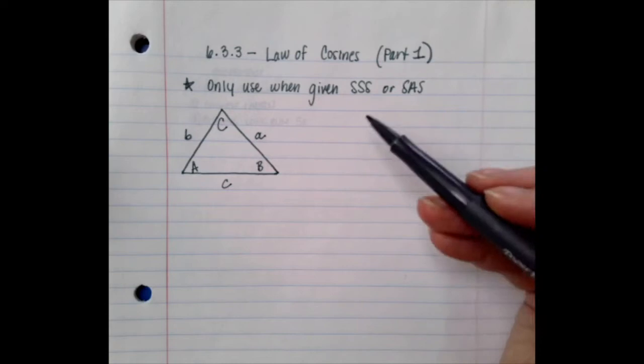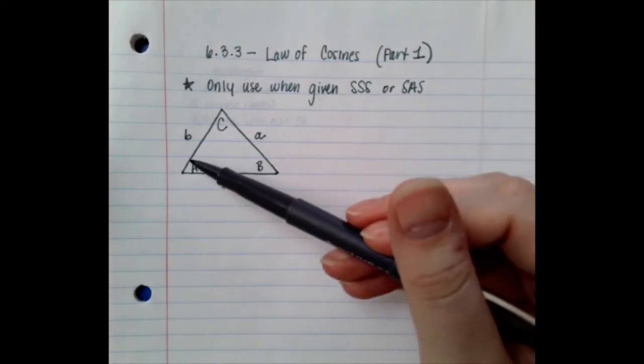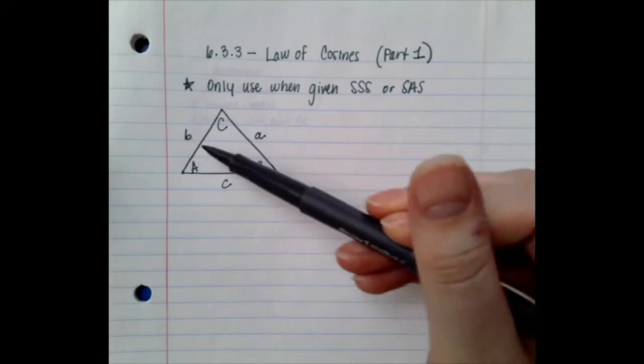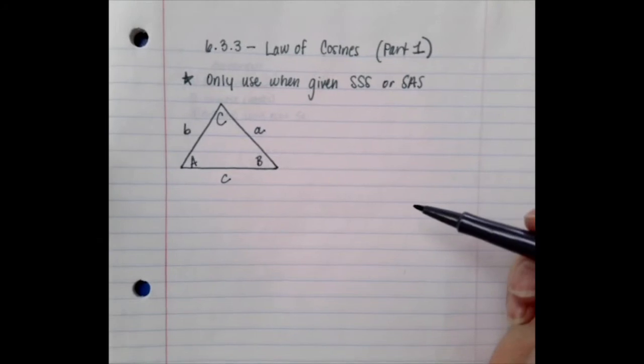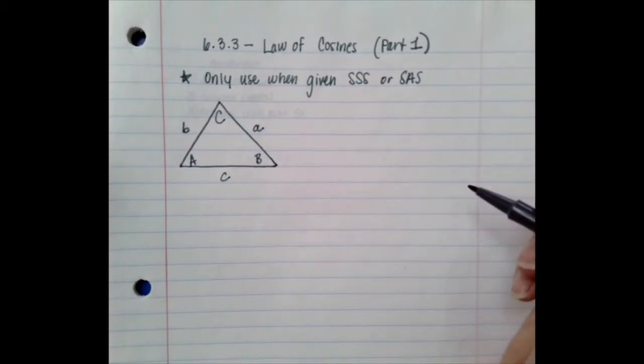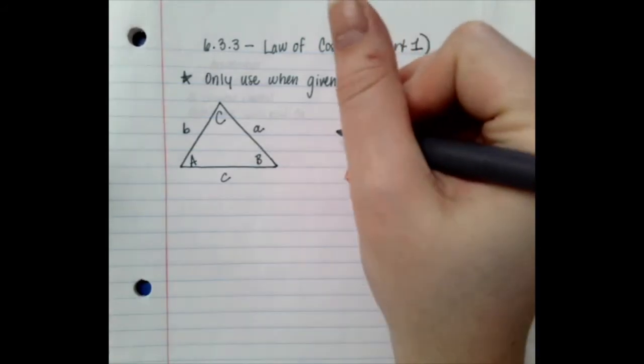There are technically 3 versions of the law of cosines, one for A, one for B, and one for C. But if we just write one of them and go through an example, you'll see that you can use that one for every single example that you're given.